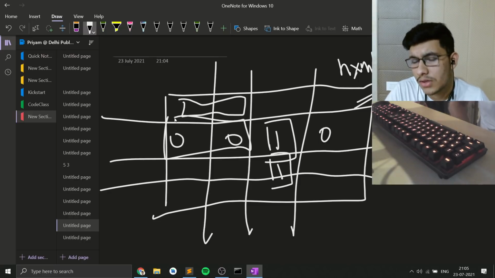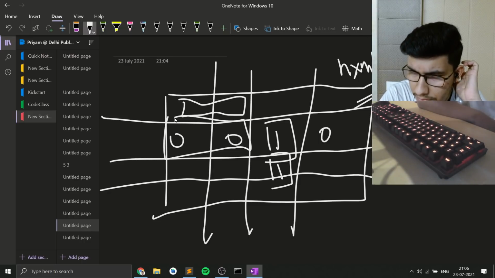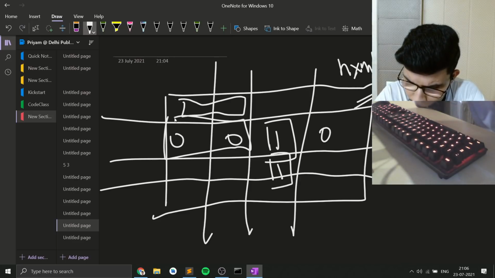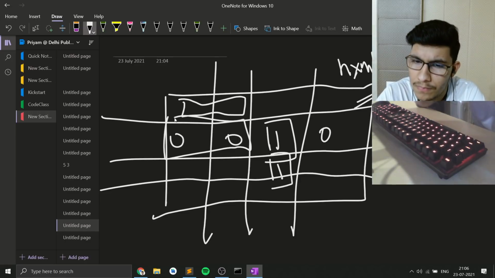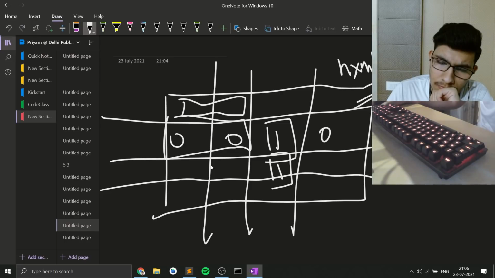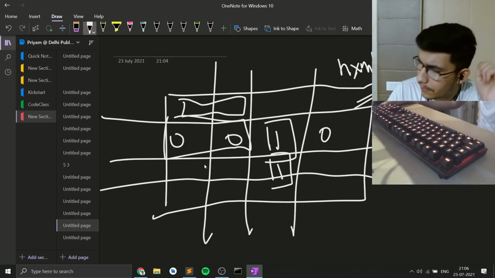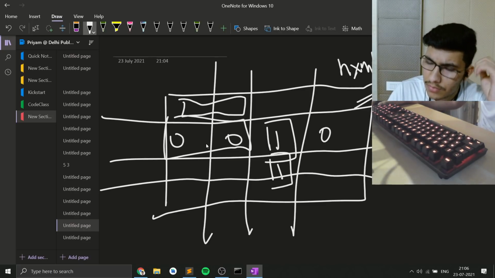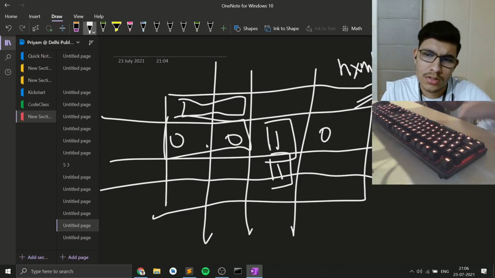So I basically need to cover this whole matrix. So they want me to place exactly k dominoes horizontally.